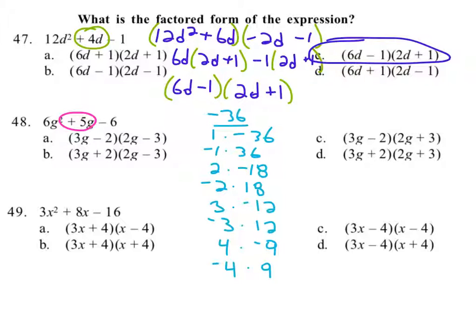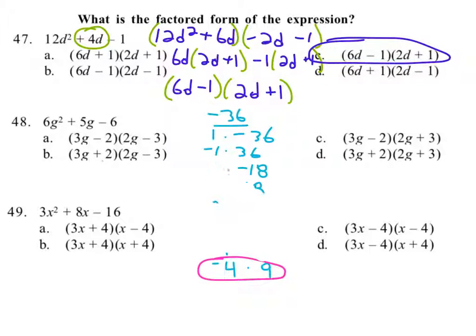And hey, those are the two that add up to 5, that 5 that we're looking for. So we're going to keep that. That's going to be how we break it apart. And let me erase all this to give us space to work. Okay. Six g squared.